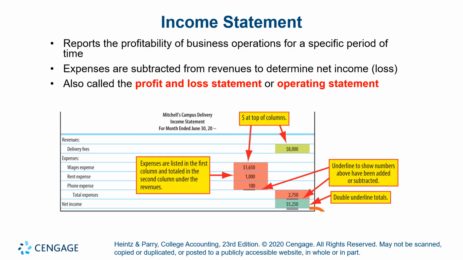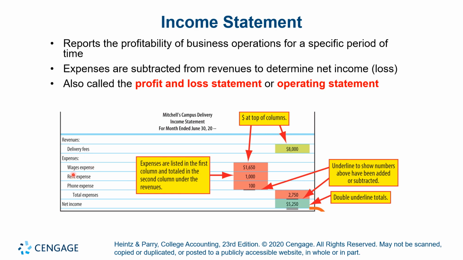Okay, some of your homework problems have an income statement, statement of owner's equity, and a balance sheet. So let's go over those very briefly. So our income statement, the way we fill these in is that we take our revenues. In this case, it was the delivery fees that he charged everybody, okay? So remember that was $8,000. So we put that number there, and then I find all my expenses.